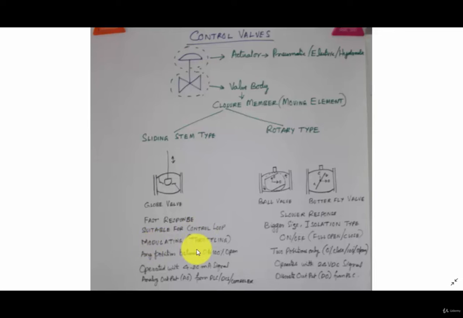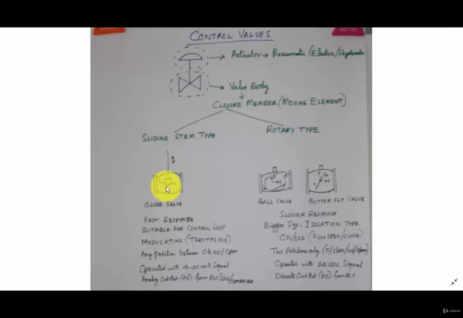It is a modulating or throttling type. Meaning, it will take any position between 0 and 100% open. As per the command from the controller, which will be 4 to 20 milliamperes, that is 0 to 100%. If a command comes for 40%, it will go to 40%. If 50%, it will go to 50% and hold at that position, that is important.